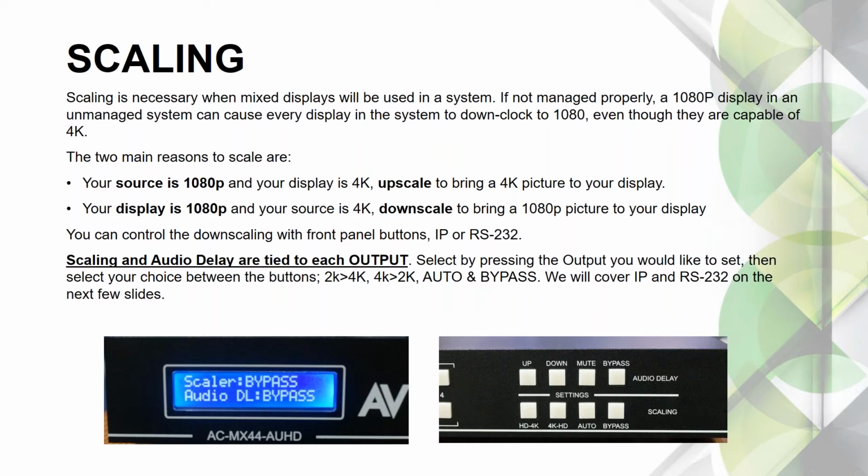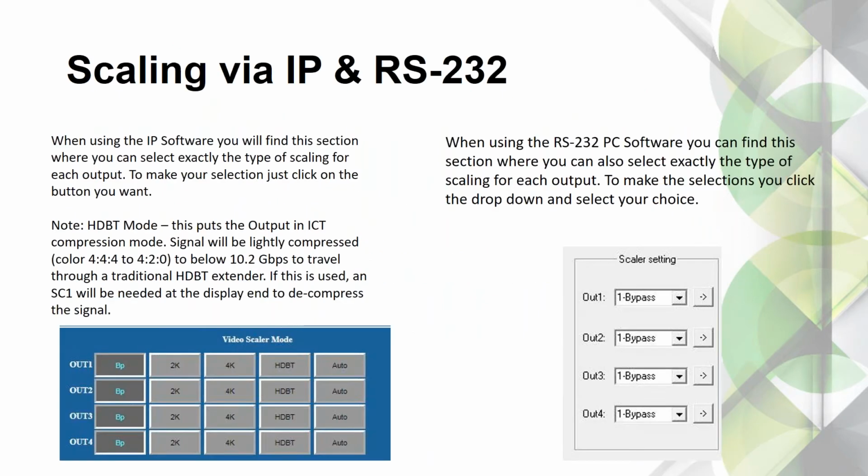Especially if you knew you had a full 4K system, sources, sinks, repeaters, you just leave it in bypass. You can set scaling and audio delay. Again, they're both tied to the output. You can set them right from the front panel control over here, or you can set them with IP or RS-232.